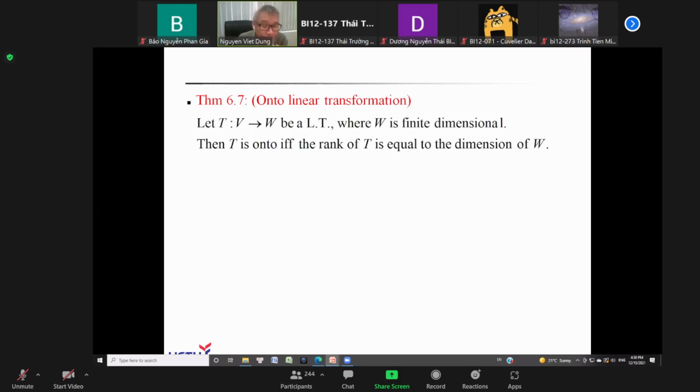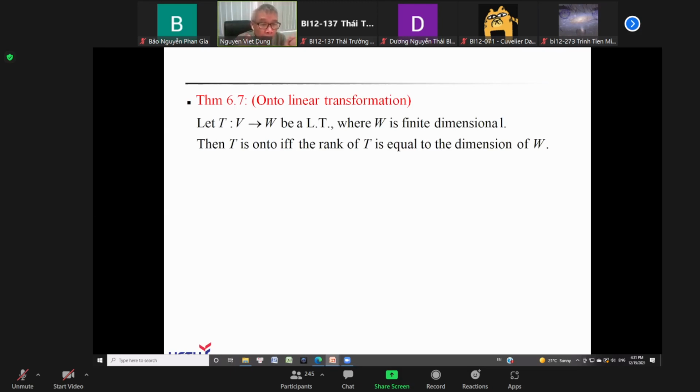So how can we verify a linear transformation to be an onto mapping? Here is a criterion for you to verify. We know already that a mapping is onto if and only if the range and the codomain equal each other.